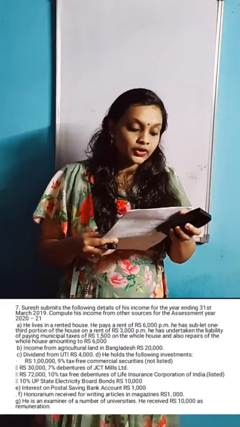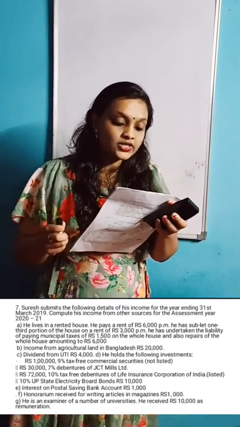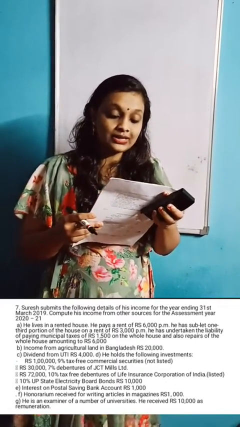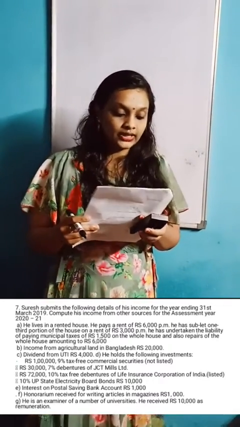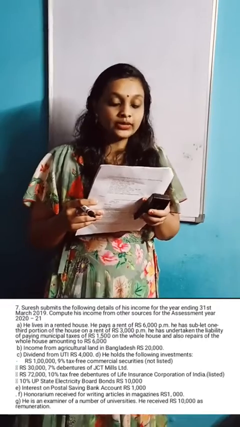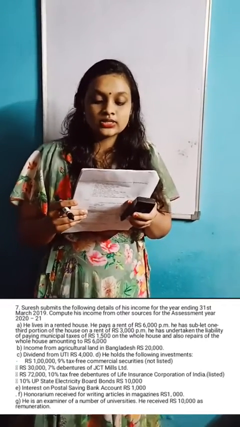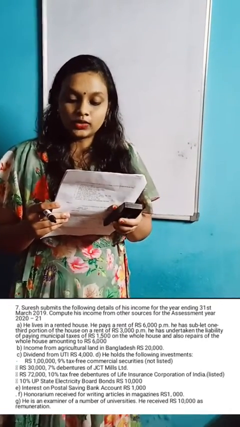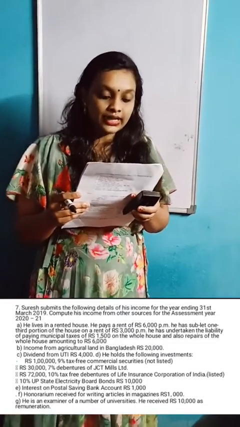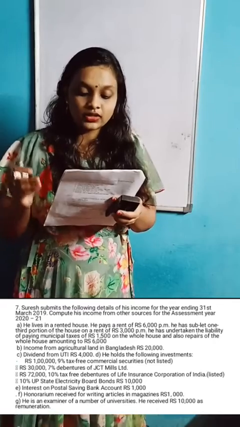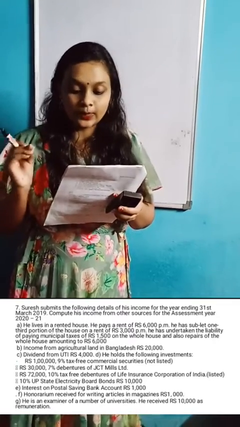So, Suresh submits the following details of his income for the year ended 31st March 2019. Compute his income from other source for the assessment year 2020-2021. He lives in a rented house. He pays a rent of rupees 6,000 per month.